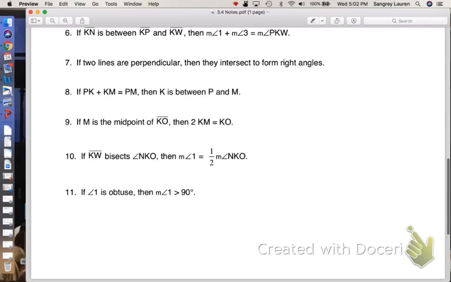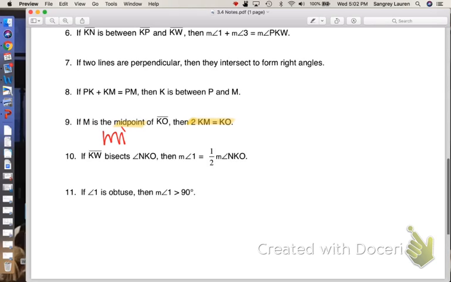Number 9. If M is the midpoint of KO, then 2 times KM equals KO. This is not definition of midpoint. Definition of midpoint was like number 3. They gave us the congruent segments because of the midpoint.